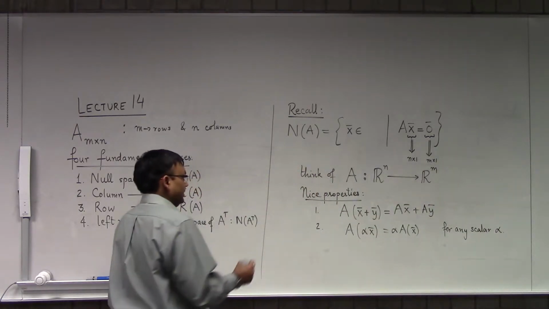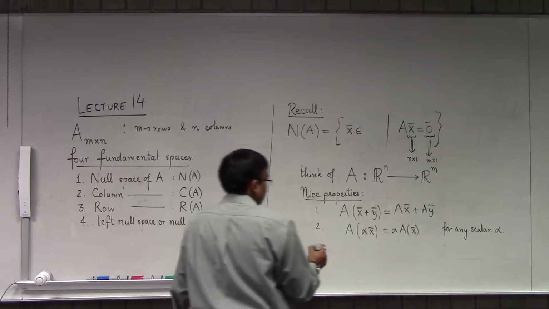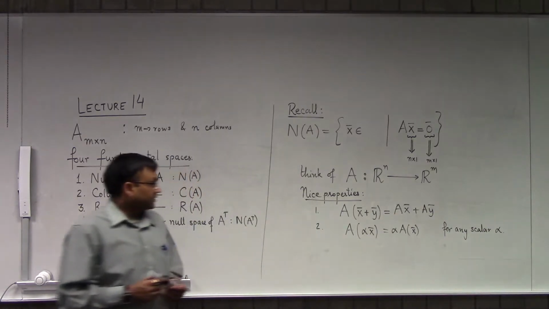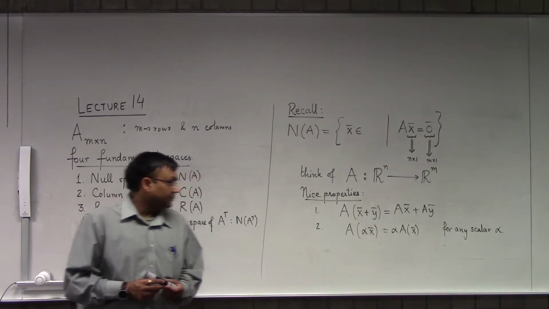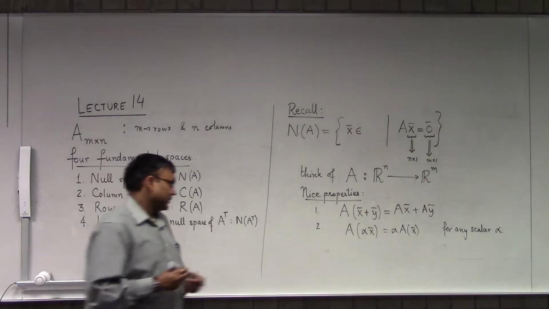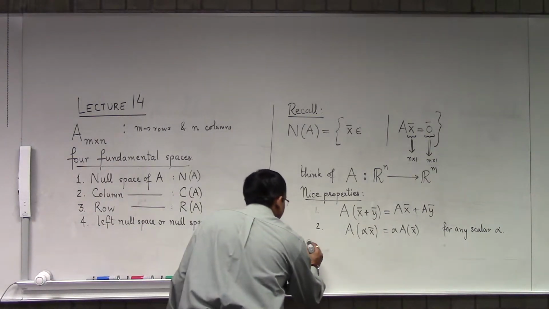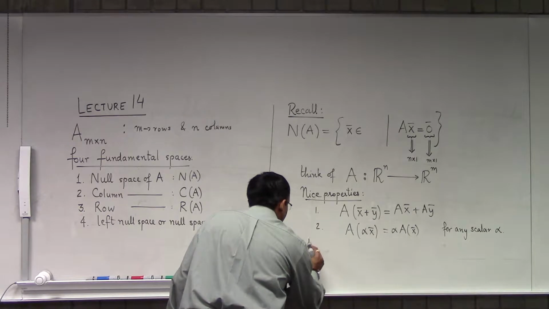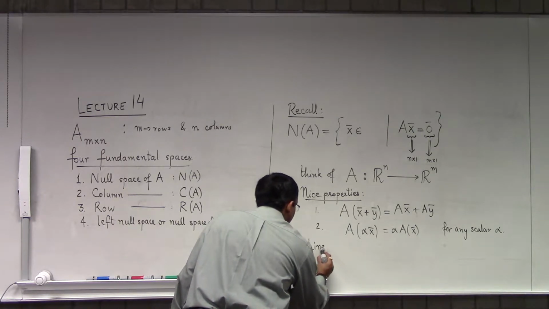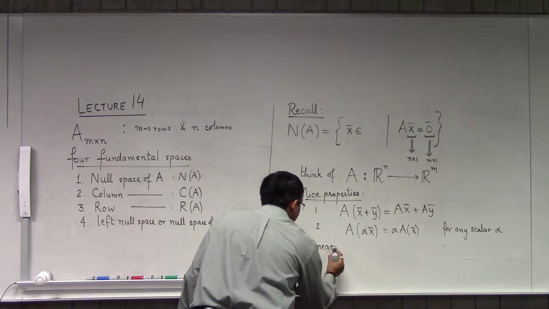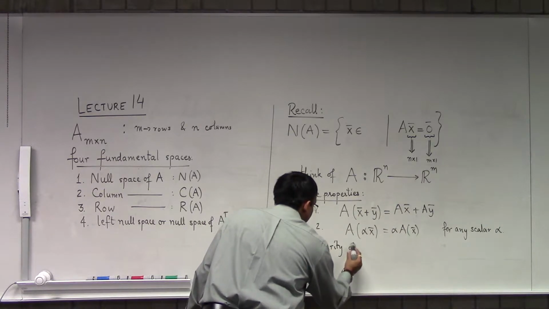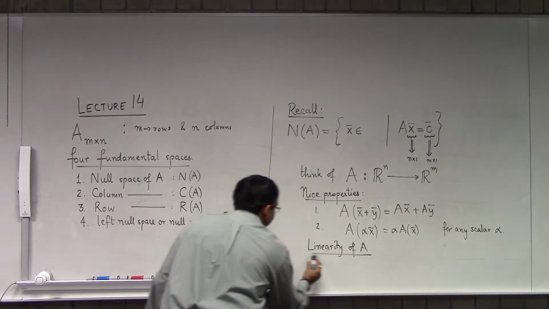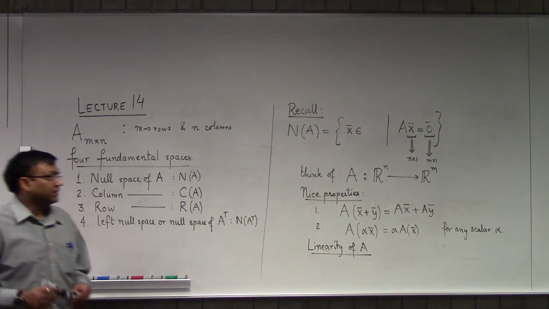These 2 properties you can check are true whenever you multiply a matrix A to a vector x. And these 2 properties tell you about the linearity of the function A, that the function A is linear.